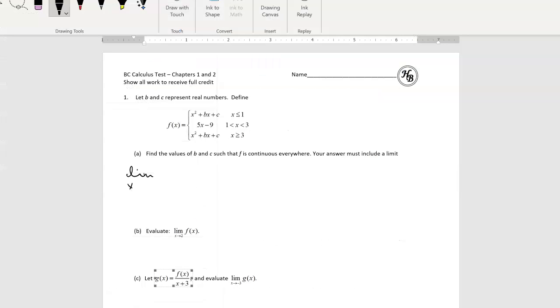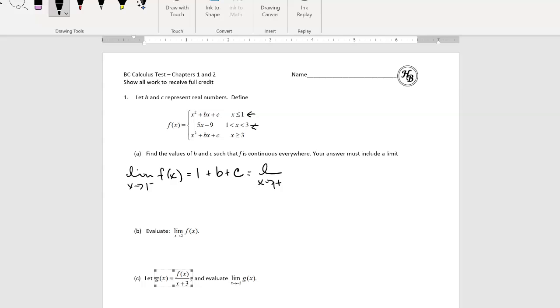There we go. Okay. The limit as x approaches 1 from the left, and that would be x less than or equal to 1, of f of x. And that's equal to 1 plus b plus c. And I'm going to set that equal to the limit as x approaches 1 from the right.